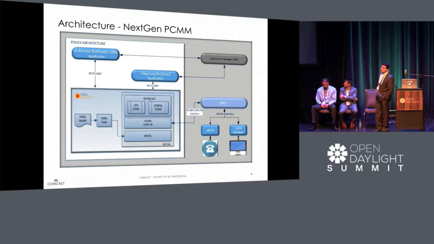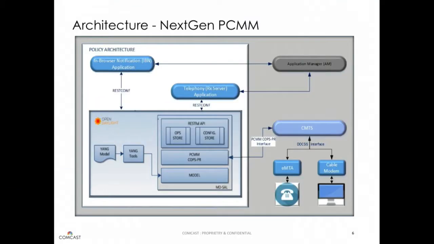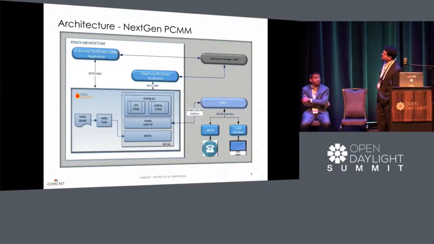As Neil was mentioning this morning during the keynote, it's going to provide quality of service. So we have two applications talking to the application manager, sending the requests, such as in-browser notification, to the ODL controller and on to our CMTSs. We'll provide the demo for the telephony application, and Kasim from my team will share more insights on how we leverage this application and how we are using ODL.